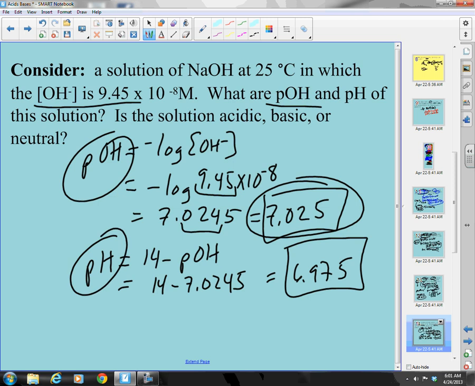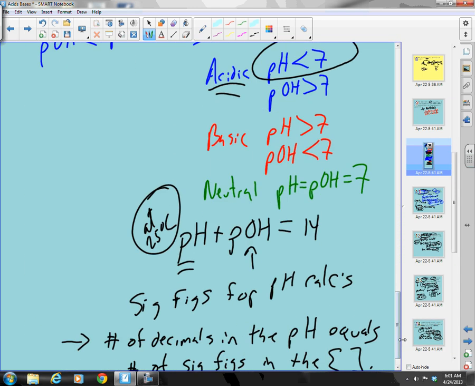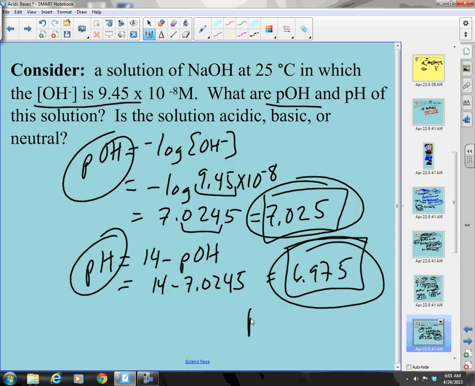My pH is less than 7. What does it mean if my pH is less than 7? Let's go back and look. pH less than 7. It is acidic. Just barely acidic. Yes, it is slightly acidic. Cool.